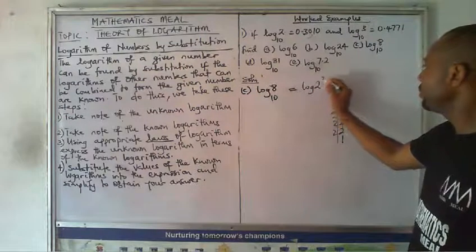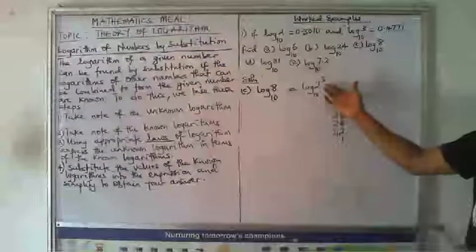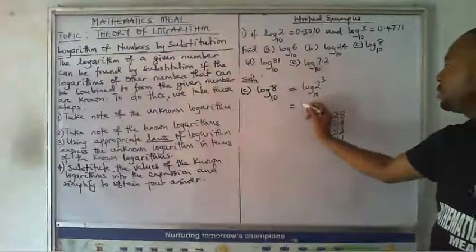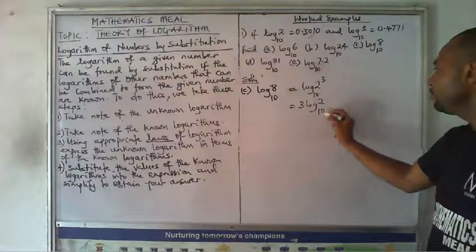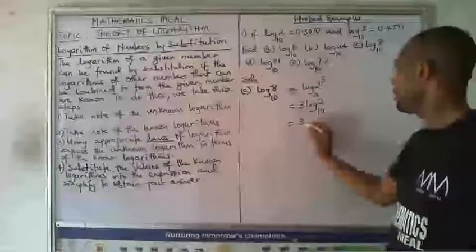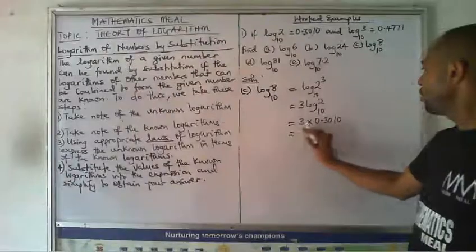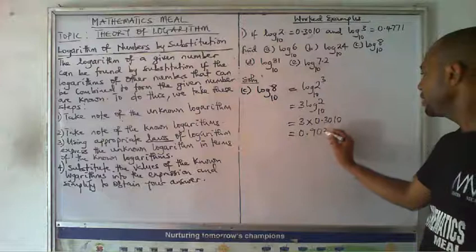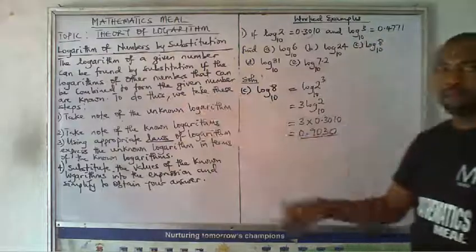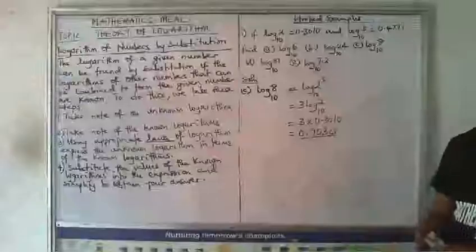Because I know the logarithm of 2. This 3 is disturbing us, so how are we going to get rid of it? Applying the third law, this becomes 3 log 2 base 10. Finally, 3 times log 2 in base 10 is 0.3010. When you multiply, you have 0.9030. So you see the simple steps. By the time you do this, you don't need to keep returning to the steps. The steps will become part of you.